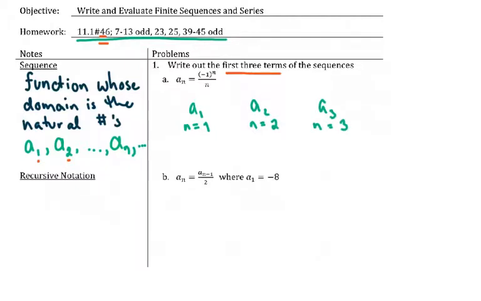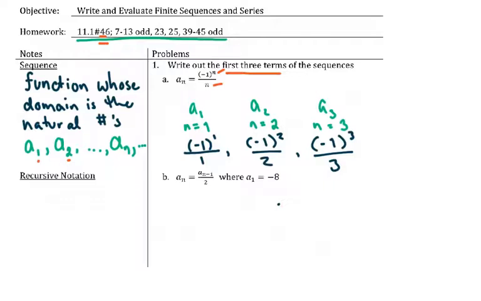We plug them into the formula. So the first one, (-1)^1 over 1, which is -1 over 1. Then (-1)^2 over 2, since we're replacing the variable in both the numerator and denominator. Then (-1)^3 over 3.